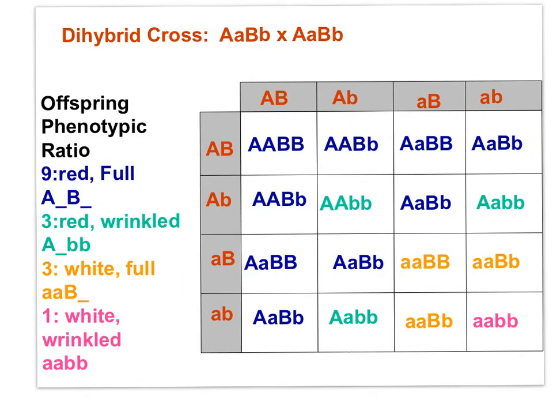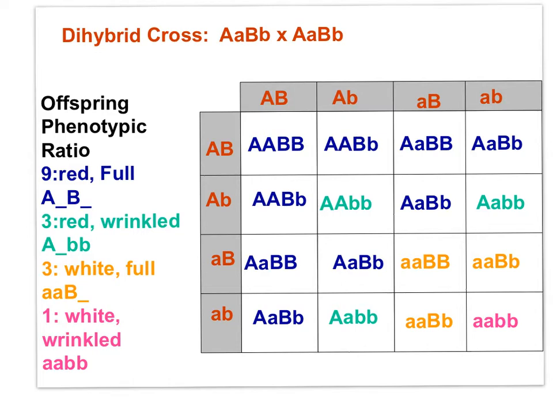Here's the completed Punnett square, and I've color-coded the four phenotypes. We have nine red full, three red wrinkled, three white full, and one white wrinkled. The 9-3-3-1 is a classic ratio in genetics.